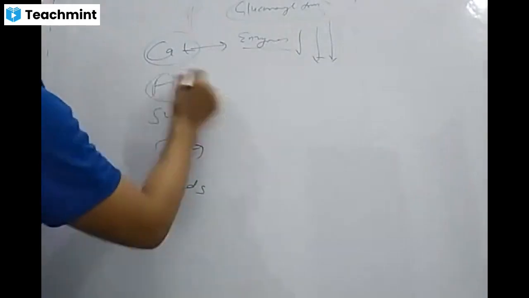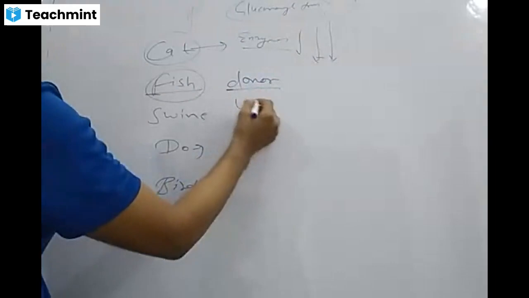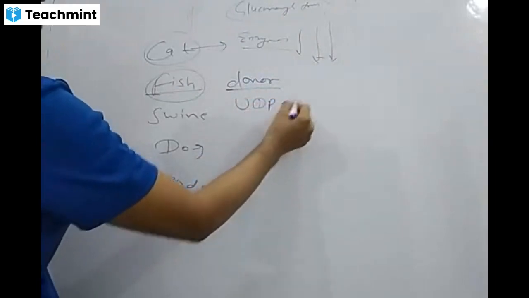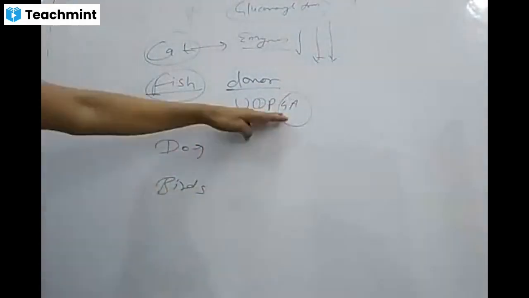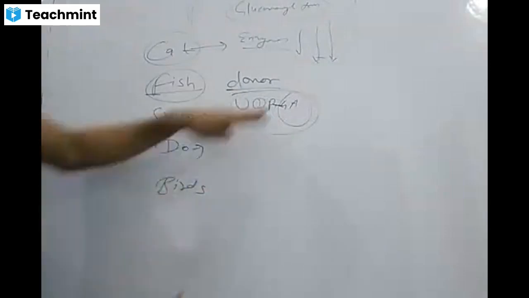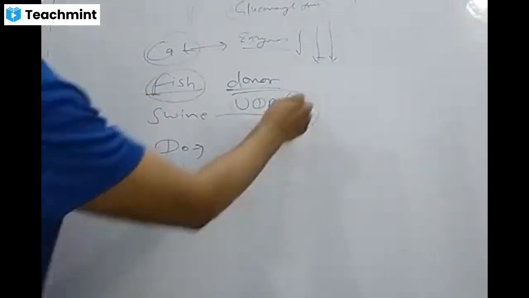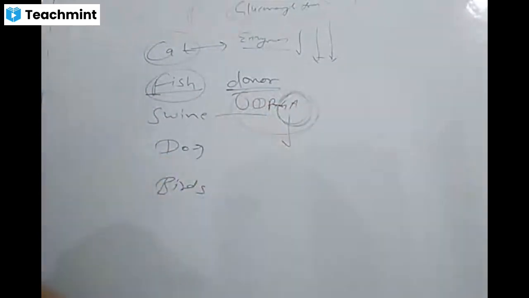But in case of fish, the donor is absent. Donor means there is UDPGA. GA means glucuronic acid, and this is the UDP. So this is the donor which is having GA with it. So this donor is absent.